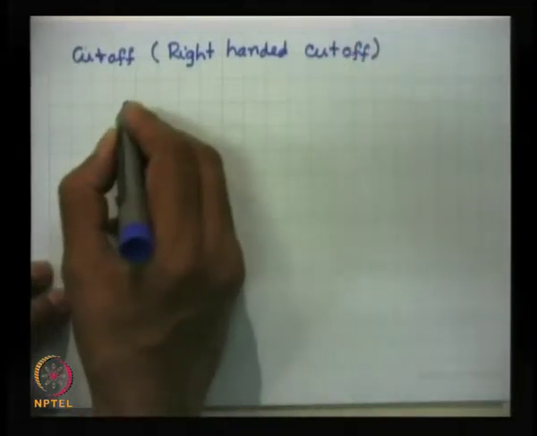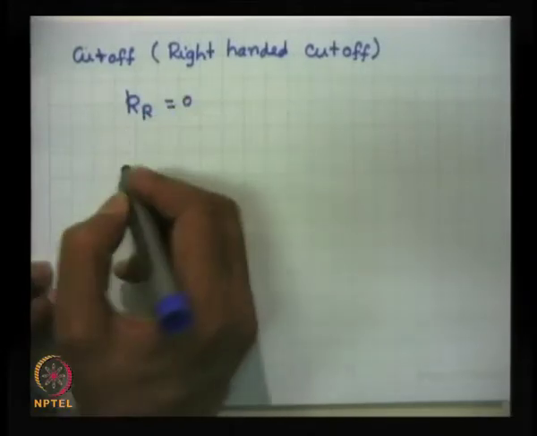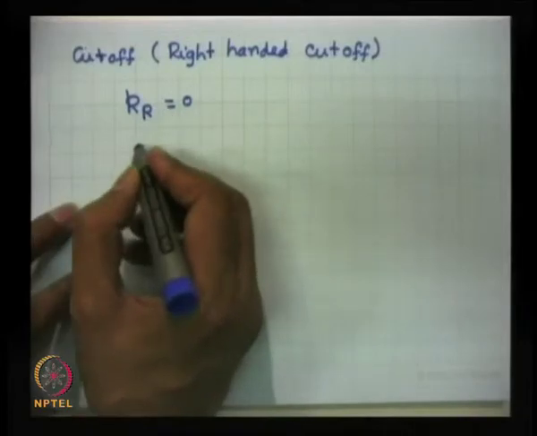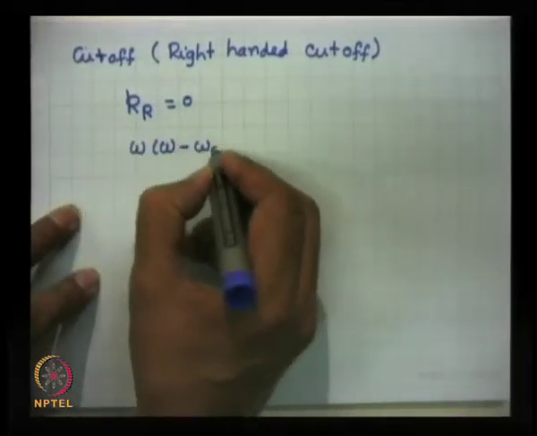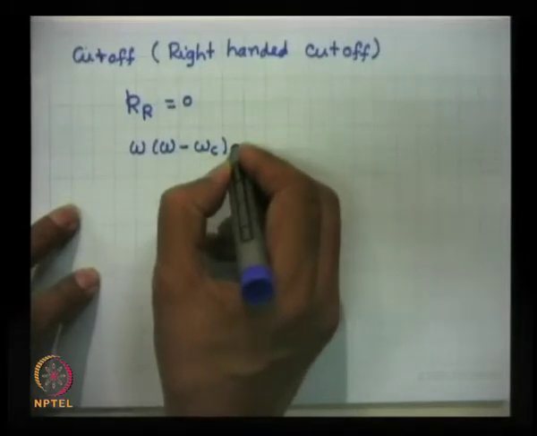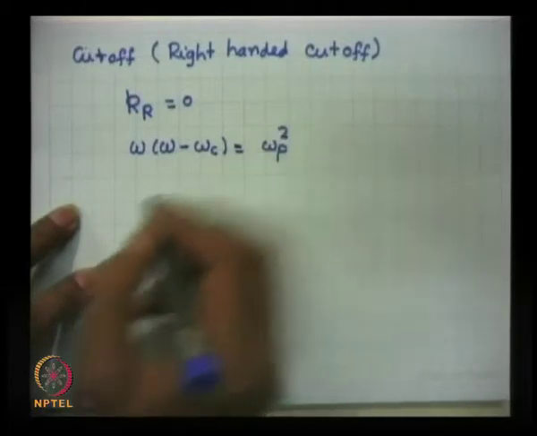So, I am looking for K_r equal to 0, which implies that omega into (omega minus omega_c) should be equal to omega_p squared.